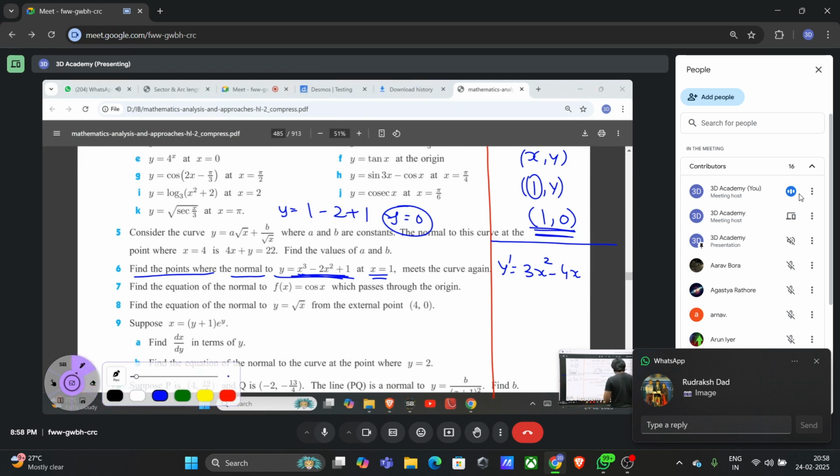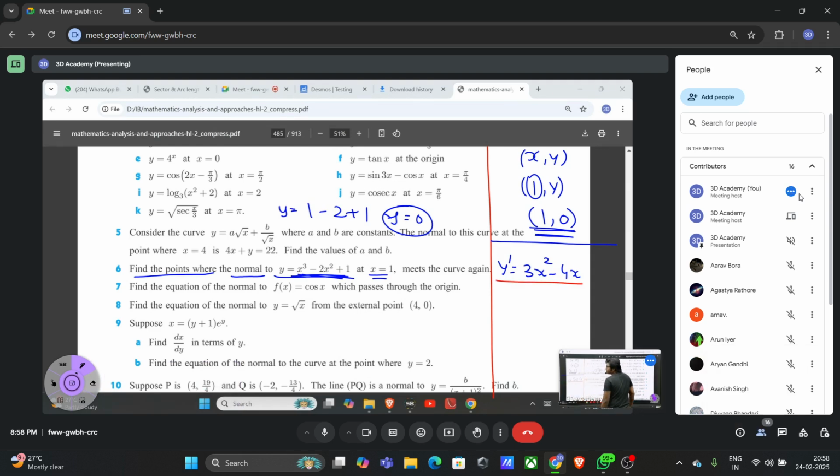So it is again at the same point, because if this is the curve and this is the common point, my line is going to pass through the same point. So first I'll find the gradient of the tangent. Again I'll put 1, my gradient comes out to be minus 1. 3 minus 4 is minus 1.